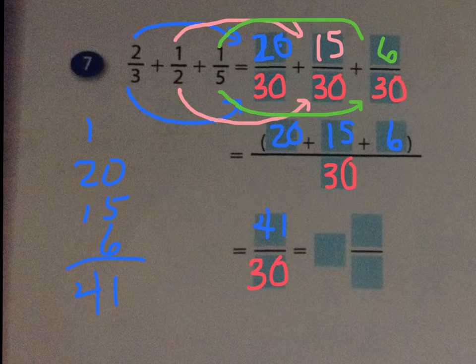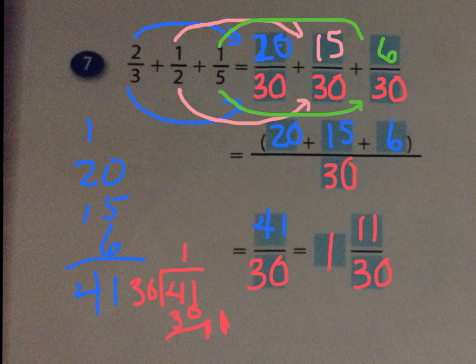And then to change an improper to a mixed fraction, you just divide. So 41 divided by 30 gives me 1, with the remainder of 11, so that's my numerator, and my denominator stays the same, so it's going to be 30. So your final answer is 1 and 11/30.